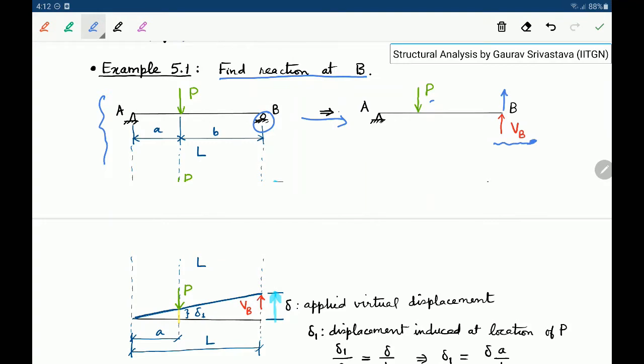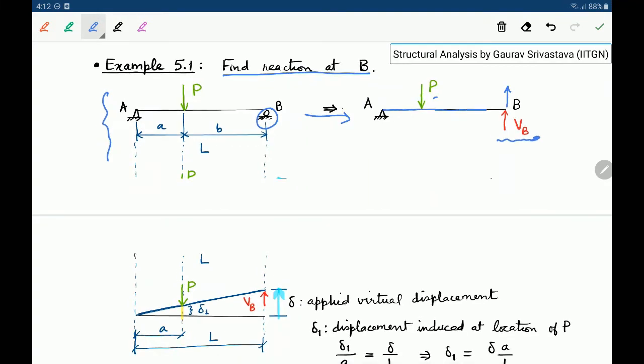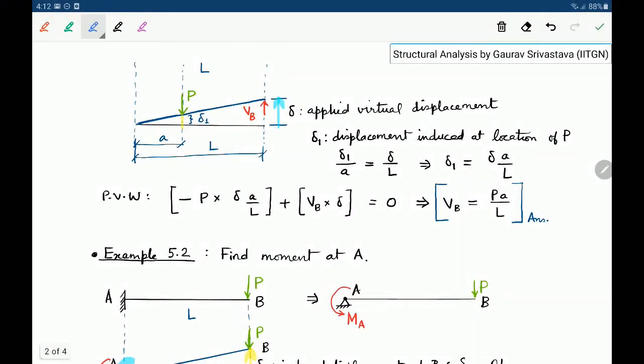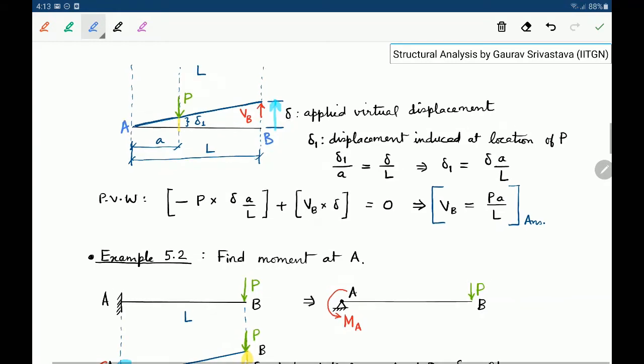To this beam, considering it as rigid, we apply a virtual displacement. So we lift it up, and at the end B we apply an upward delta, which is the applied virtual displacement.